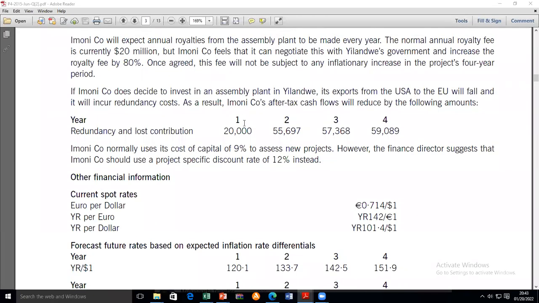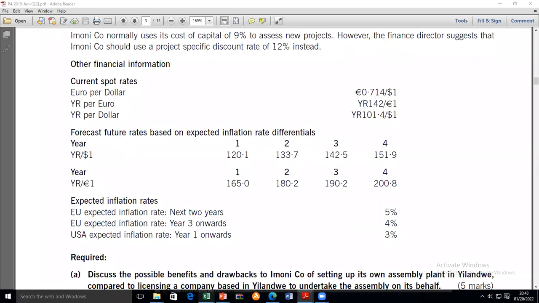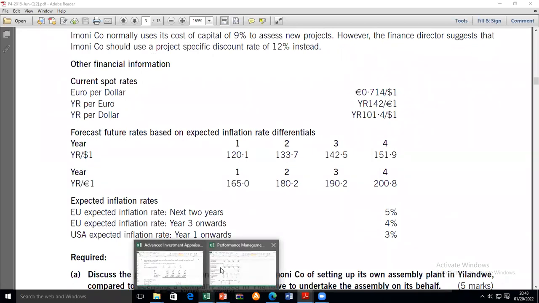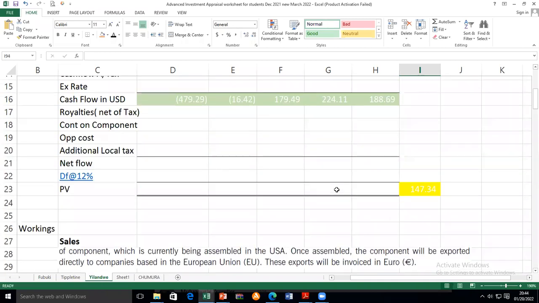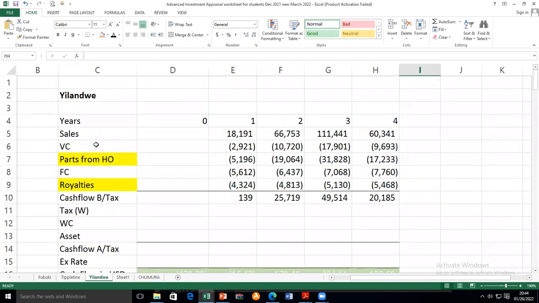We ended last time. So last time, when you check with our working here, we went quite far. Why do we say so? We looked at the cells, the variable costs, the parts from the head office, the fixed costs, the royalties.